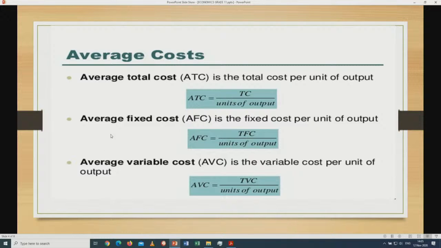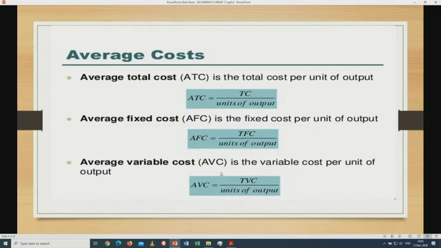Right, and then what is the average fixed cost? It is the fixed cost per unit of the output. Now we estimate more or less of the fixed cost that we have paid. How much of that can we apportion to an individual item? And the average fixed cost would be equal to the total fixed cost divided by the units of output.